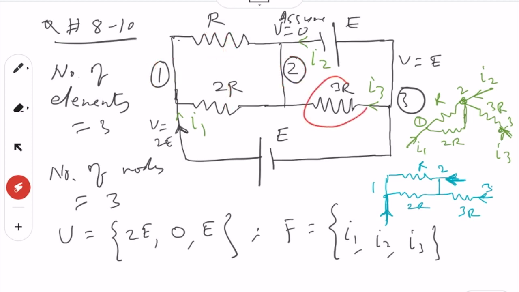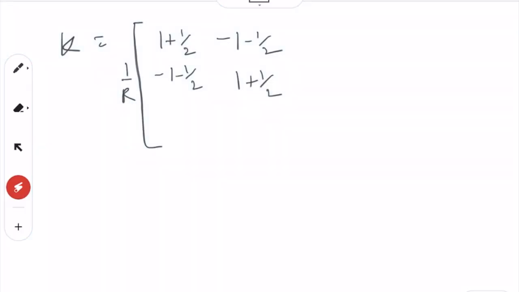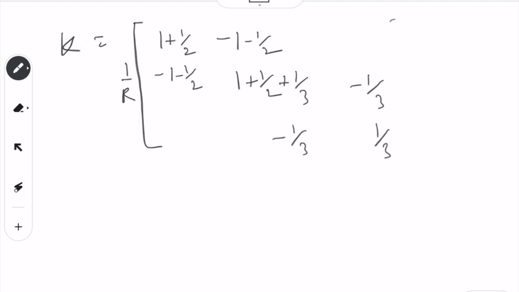From 2 to 3 we have 3R, so here, 2 3, 2 3, we will get 1 over 3, minus 1 over 3, minus 1 over 3, 1 over 3 like this, and here it will be 0 and 0.